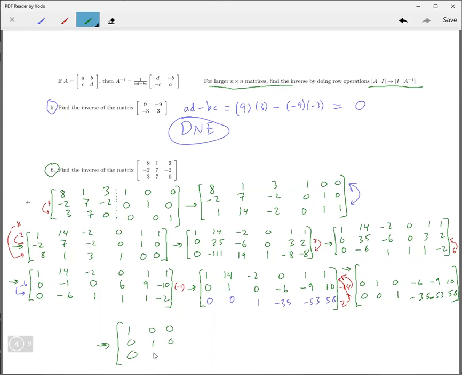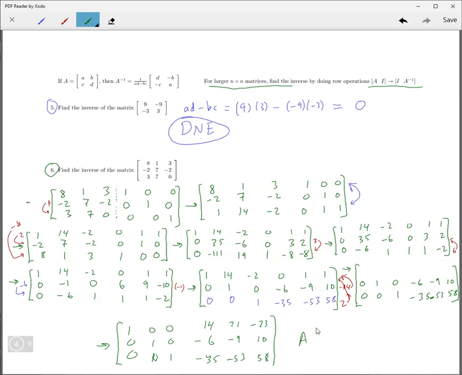Here's what's going to happen. As you can see, these 2 rows are not going to change. And this row is going to become 14, 21, and negative 23.